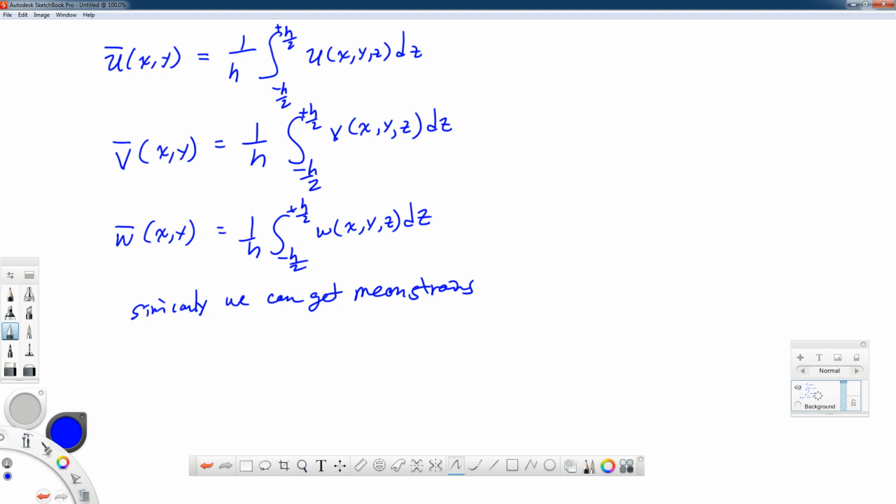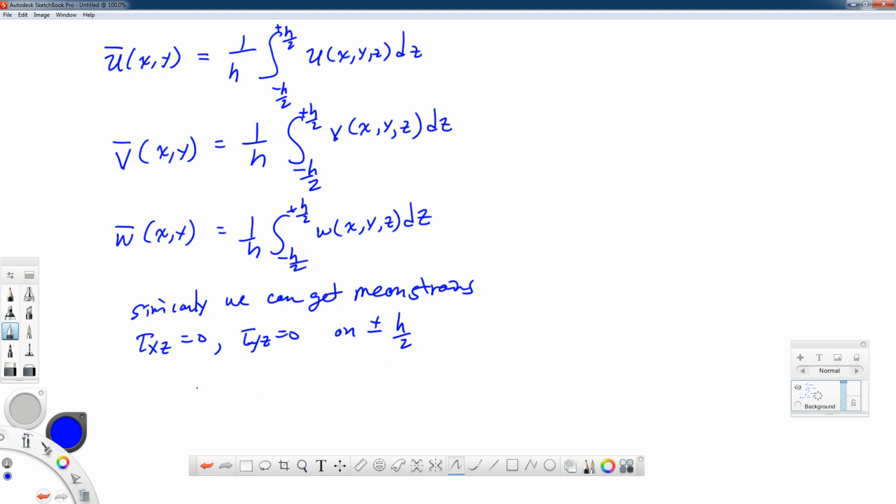We can also get mean strains in our material in a similar type of way. The strain displacement for the mean strains would use the mean displacements. Our top and bottom surface would be traction free, although we said we could have sigma z, but we'd still have tau xz and tau yz equal to 0 on plus or minus h over 2.